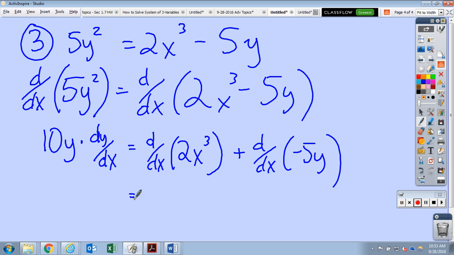The derivative of this would be, of course, chain rule or power rule. So 6x, drop this down, and then technically times the derivative of this. Well, the derivative of something with respect to that same variable, that's a 1-to-1 ratio as we saw in the previous slide. So you could write dx over dx if you want to start to get comfortable with it. But once you do enough of these, it's like, okay, I get it. It's with respect to the same variable. I don't write anything. It's going to be 1, but we'll do that for now.